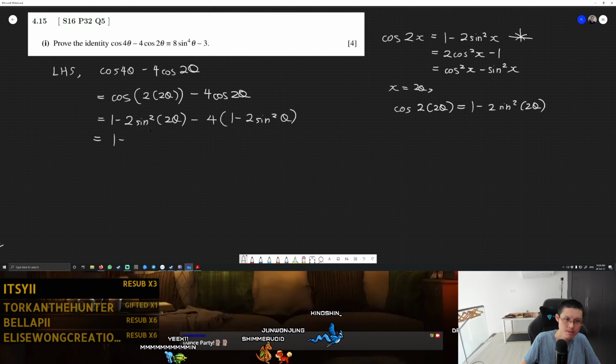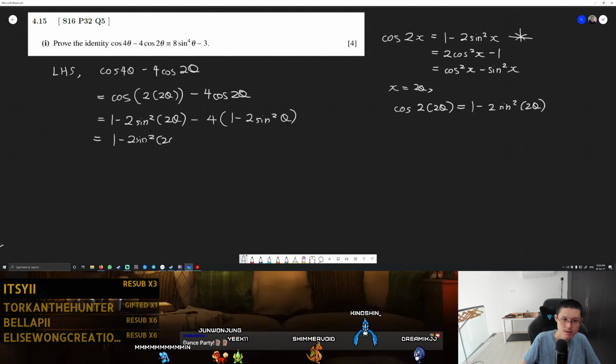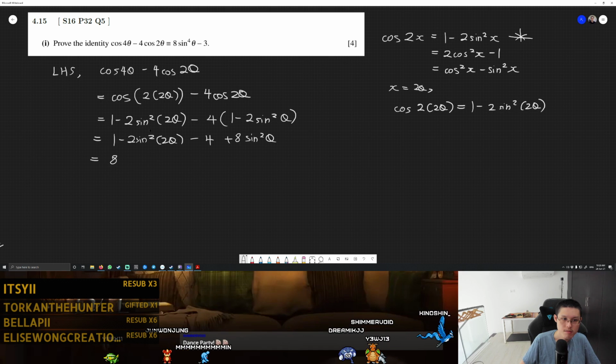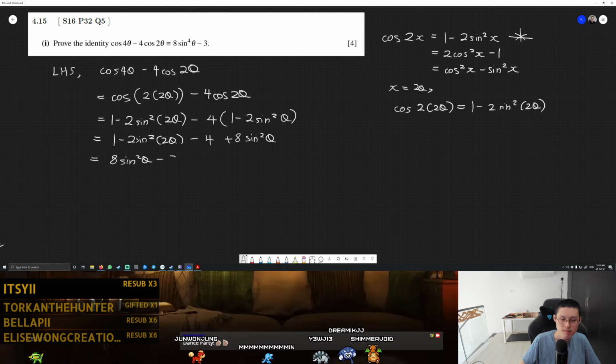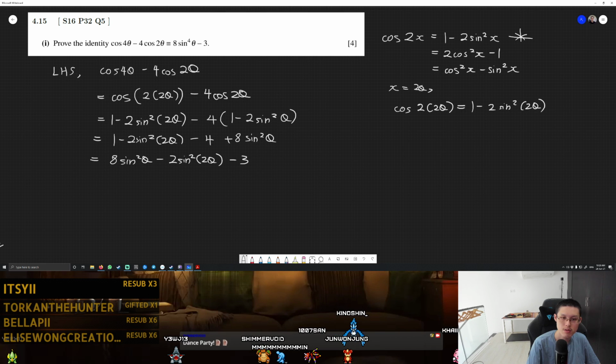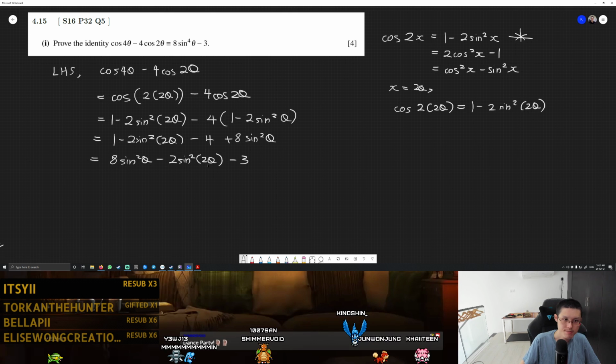All right, let's simplify this a bit first. Okay, so we have the minus 3 at the end. We have to simplify this so that this becomes 8 sine to the power of 4 theta. So we need to get rid of this 2 theta. So how can we do that? Well, you can do it like this.